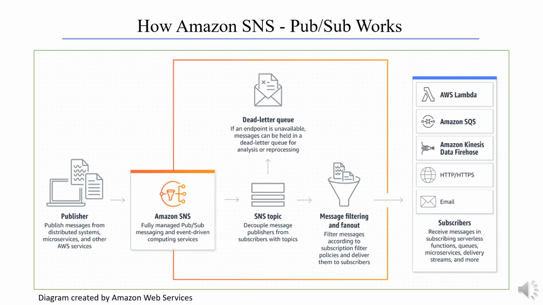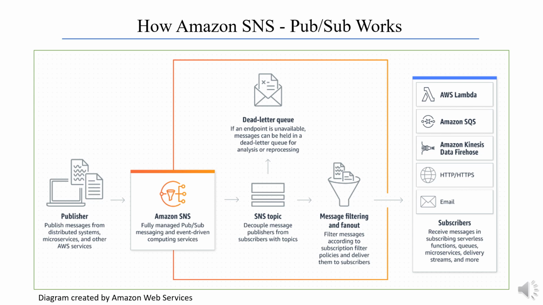Now let's talk about how Amazon SNS pub sub works in an application environment. Amazon Simple Notification Service, Amazon SNS, sends notifications two ways, A2A and A2P. A2A provides high throughput, push-based, many-to-many messaging between distributed systems, microservices, and event-driven serverless applications.